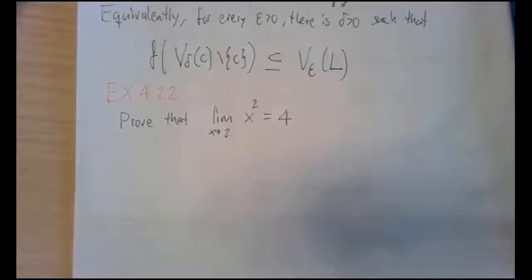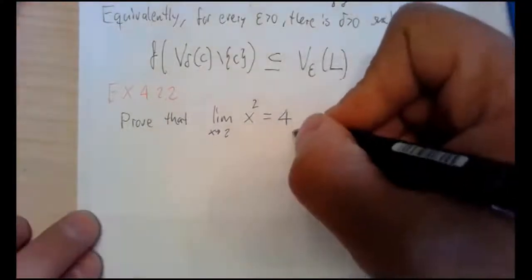But based on our new, very precise definition of what the limit means, let's see if we can figure it out. What is it that we need to do to show this?